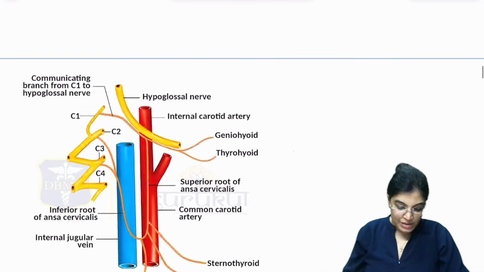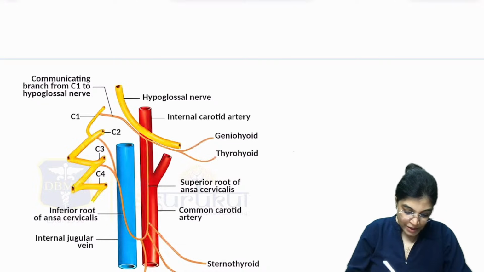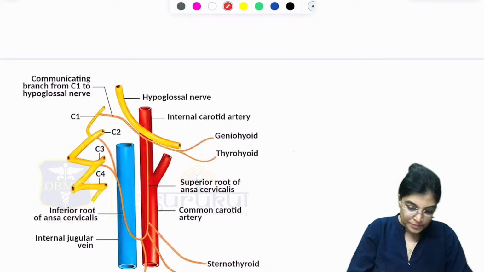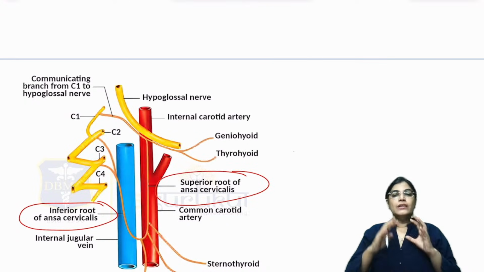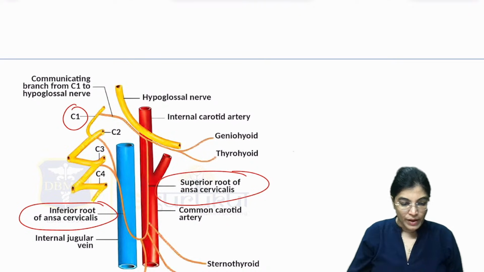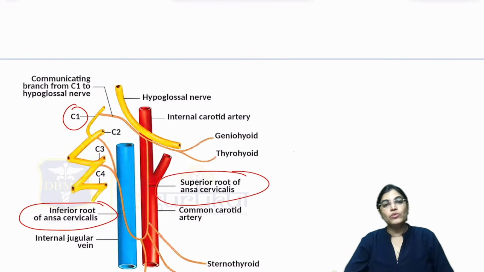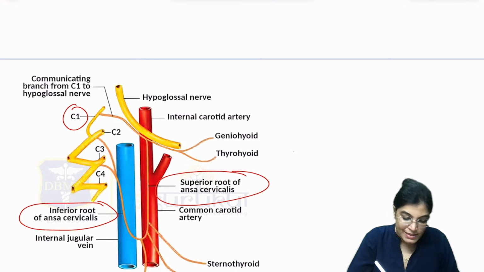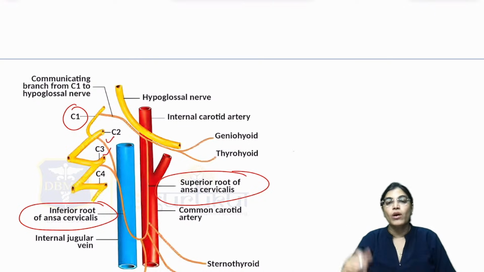Now coming to this nerve loop, can you see here? This is the inferior root of Ansa cervicalis, and this is the superior root. The superior root is formed from the C1 nerve passing through the hypoglossal nerve, and the inferior root is formed from C2 and C3, as you can see in this diagram, and this is lying in the anterior wall of carotid sheath.